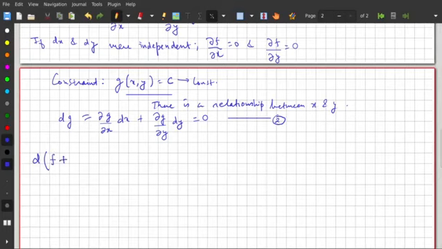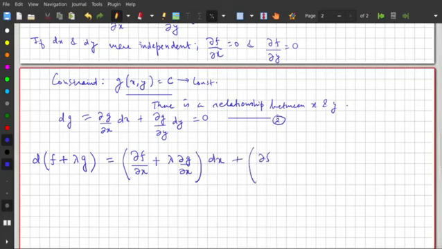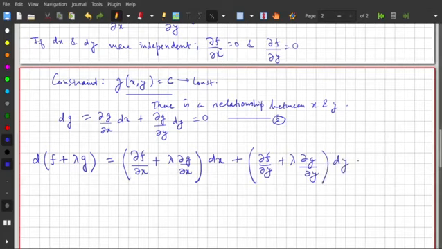We can write d of f plus lambda g, which becomes partial f partial x plus lambda times partial g partial x, times dx, plus partial f partial y plus lambda times partial g partial y, times dy, and this is equal to 0.